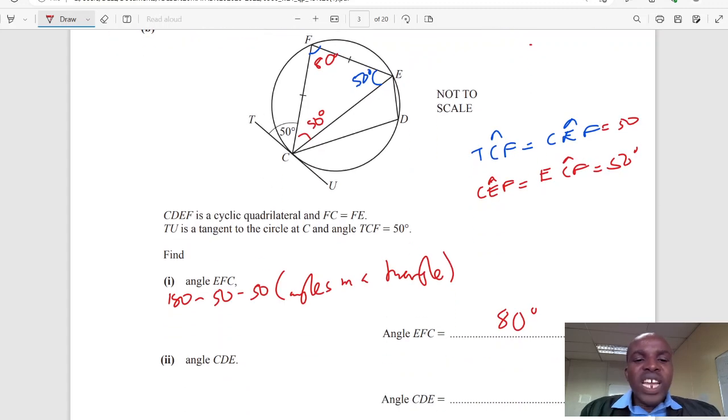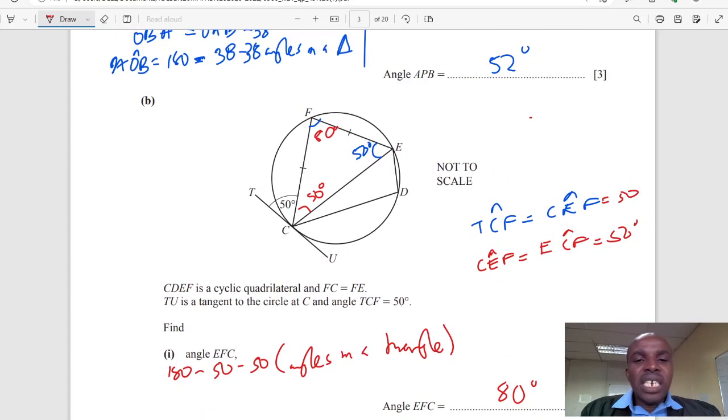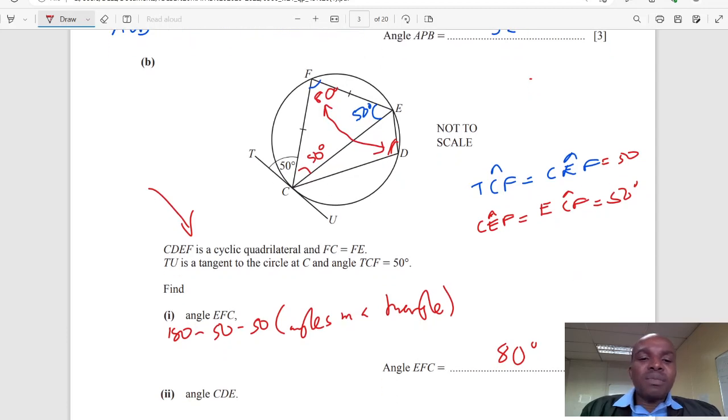What else? You have to find angle CDE. CDE is this one. Right? Based on this one, given that CDEF is a cyclic quadrilateral, then you can know that this angle 80 degrees and this angle are opposite angles of a cyclic quad, which means they add up to 180 degrees. So you can say 180 minus 80 degrees.